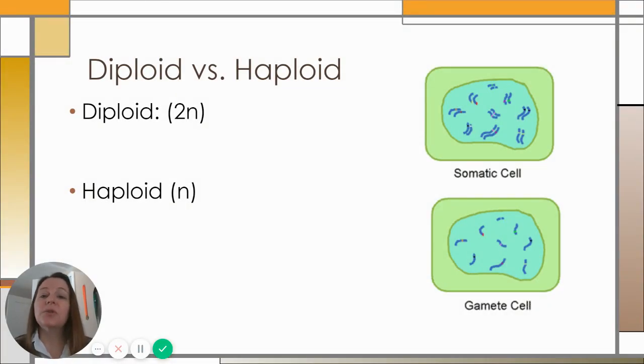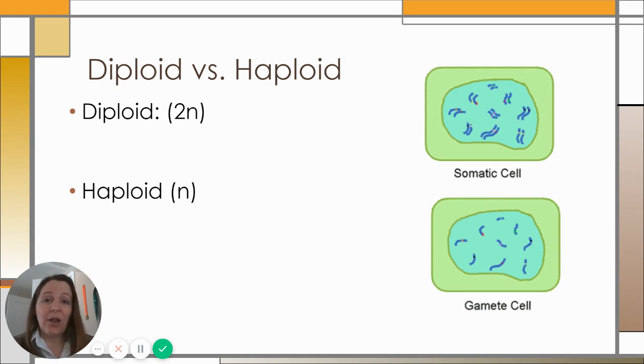All right, so introducing some new terms. I'm guessing that these are ones that you have not encountered before. So diploid versus haploid. The di means 2, and haploid is 1. So what do we have 2 of, or 1 of, which is essentially what this means?